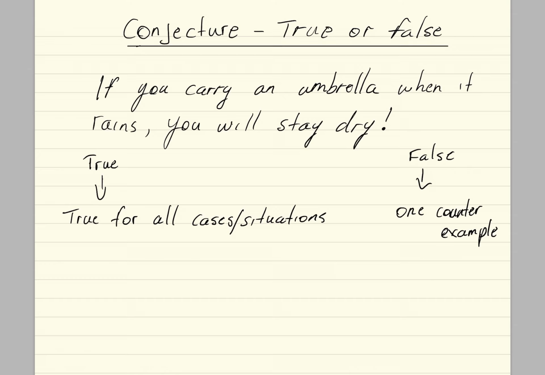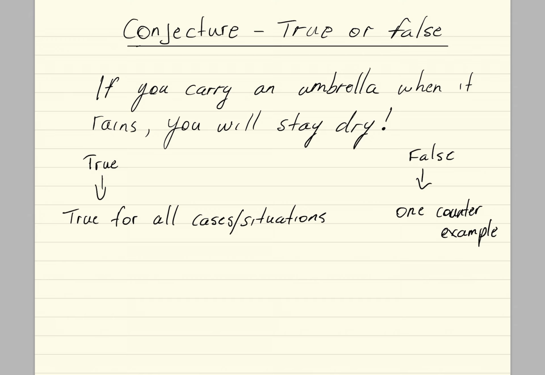Let's say it's just raining down, there's no wind, then if you have a really nice big umbrella, you're going to stay dry. But let's say on a day that it's actually very windy, then the rain is going to move sideways and make you wet. So just by that simple one counterexample we just thought of, that simple example shows that this conjecture cannot always be true.